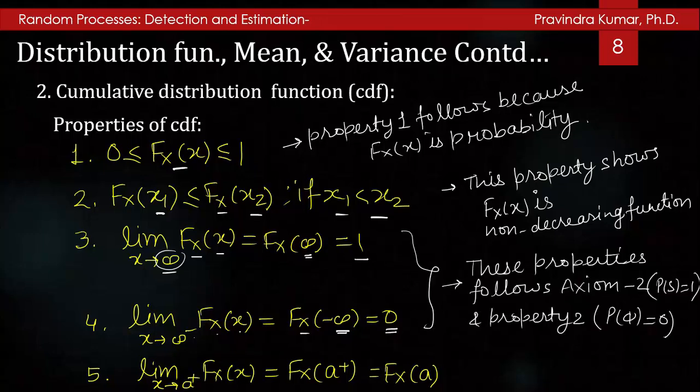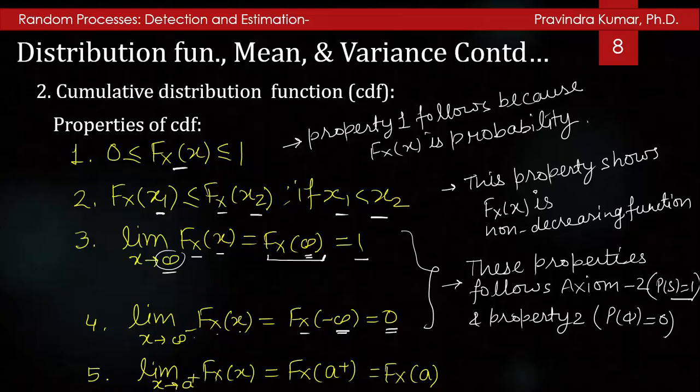And these properties follow axiom 2, which means P(S) is equal to 1. This is because S includes all the sample points, and the probability of all sample points is 1.